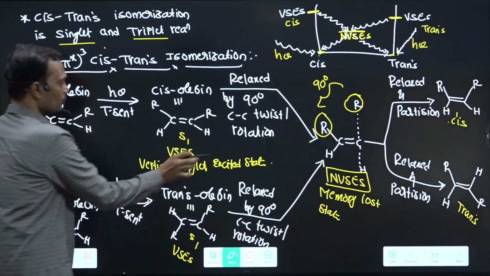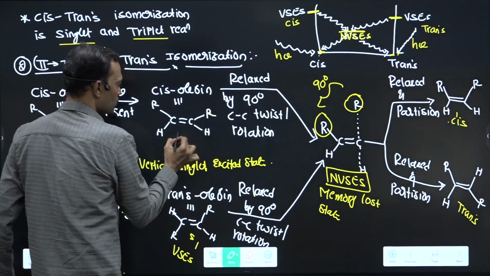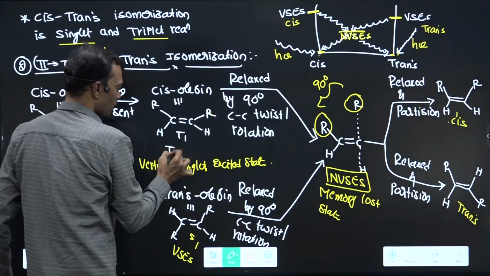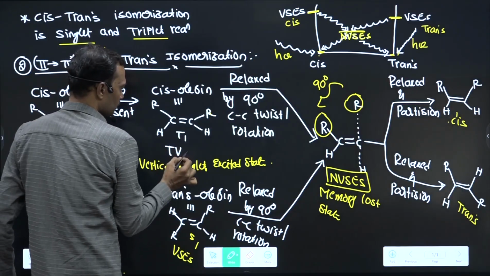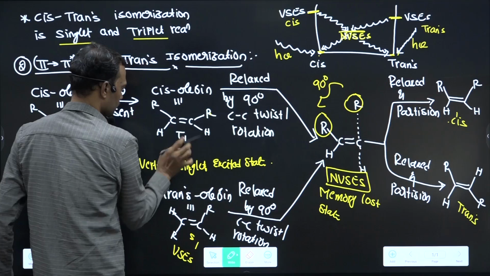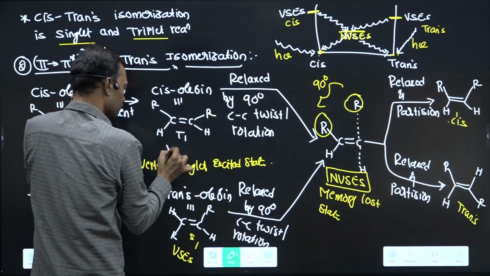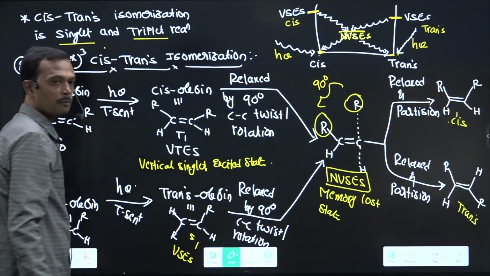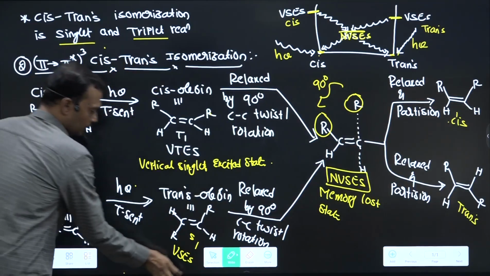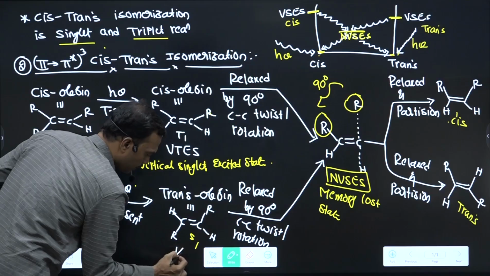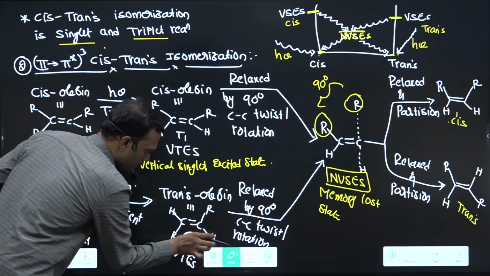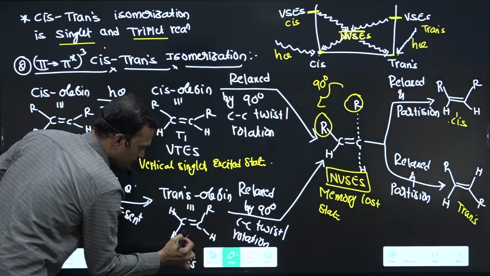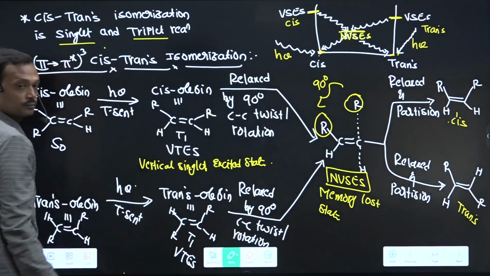Once you take a triplet sensitizer, what is your answer? T1. So vertical triplet excited state. Here also the same, vertical triplet excited state. This is T1, here T1 and here also T1.